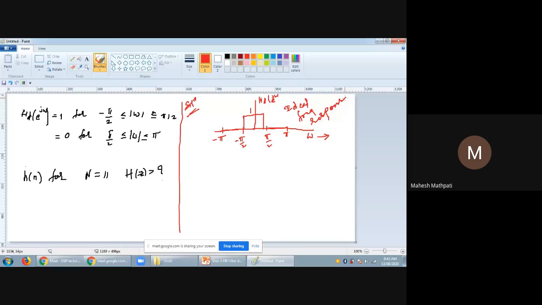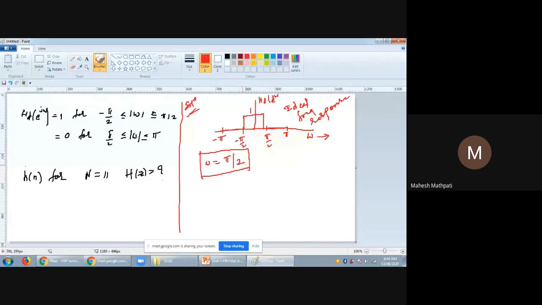Now, what is its cutoff frequency? Can anyone tell me? Here we need to decide the value of omega. The omega value is present as 1 for the values minus pi by 2 to plus pi by 2. So here I can write that the omega value is pi by 2. This point is very important.